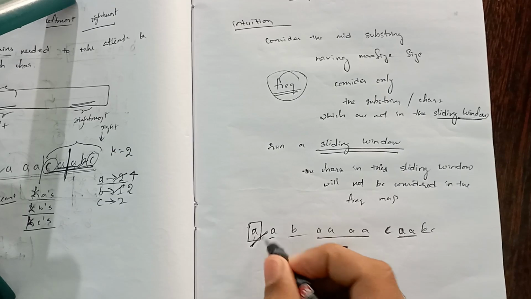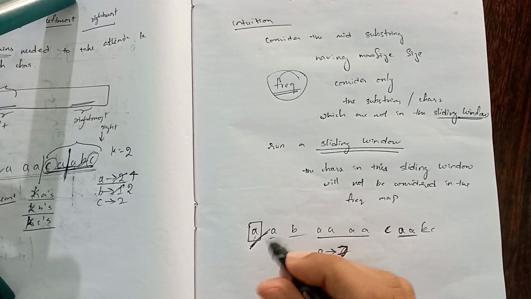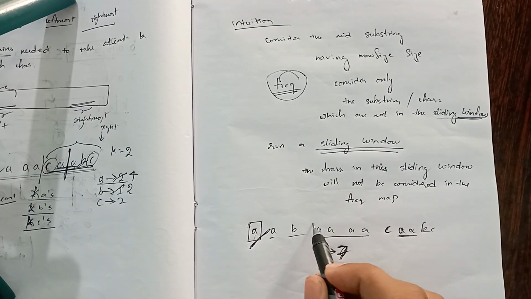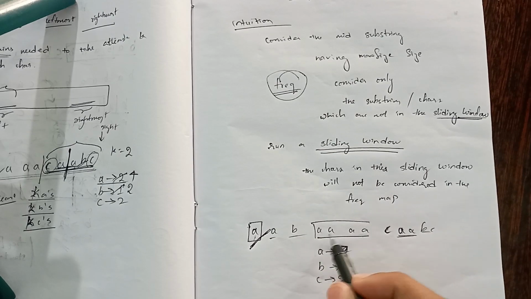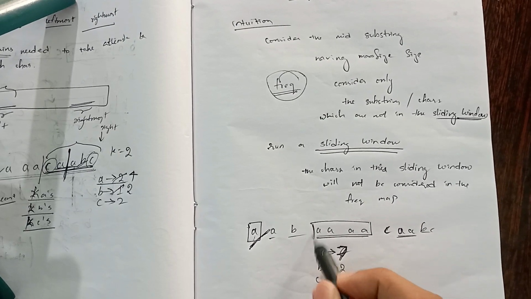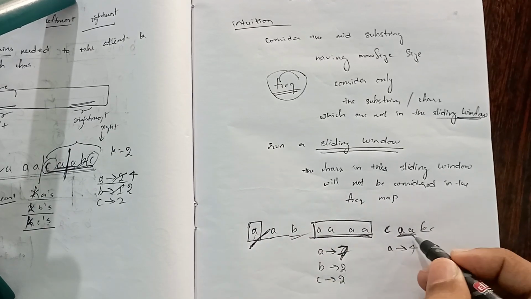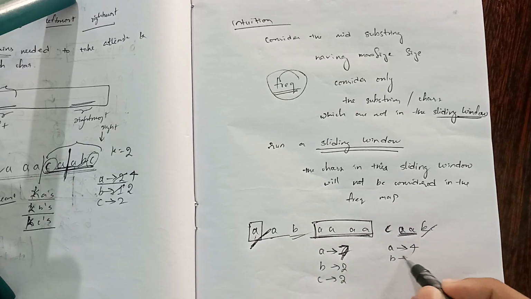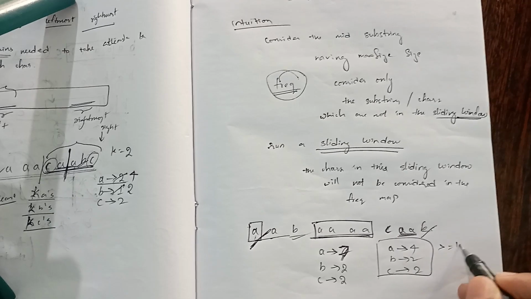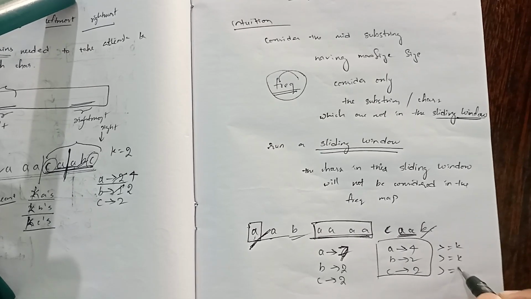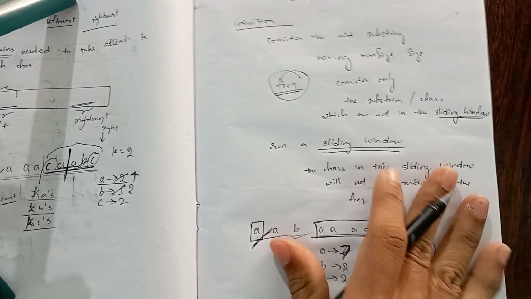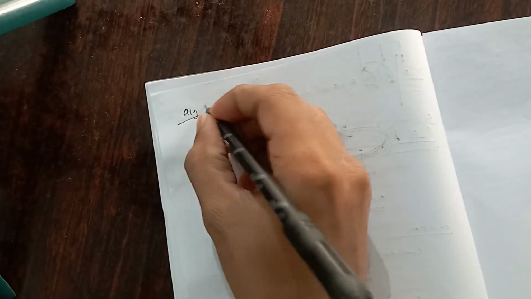So we are not considering the sliding window characters, but when we get to this point, we will have a for 4 times, b for 2 times, and c for 2 times, which are greater than or equal to k for every character.